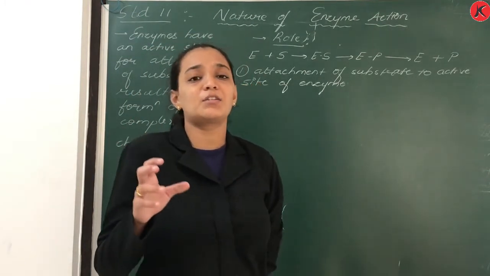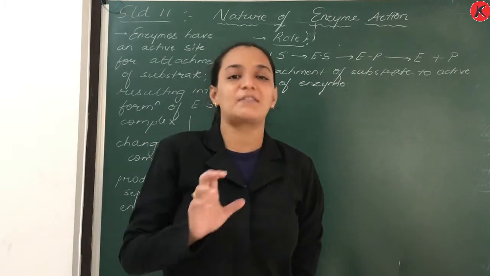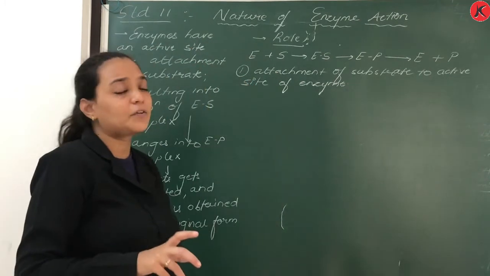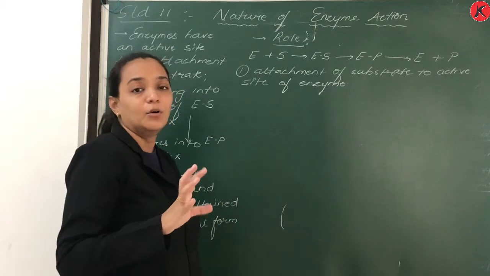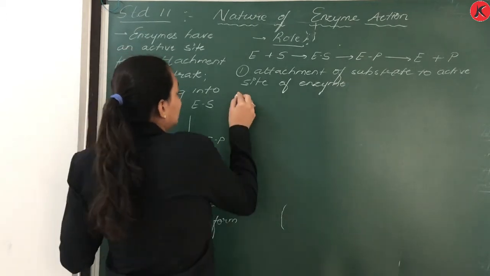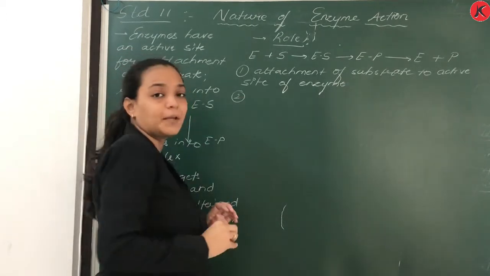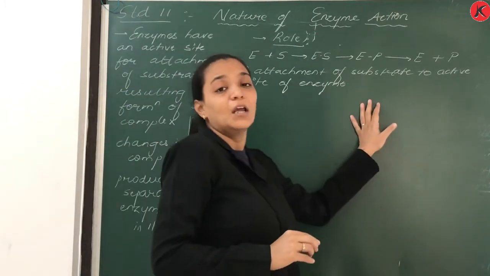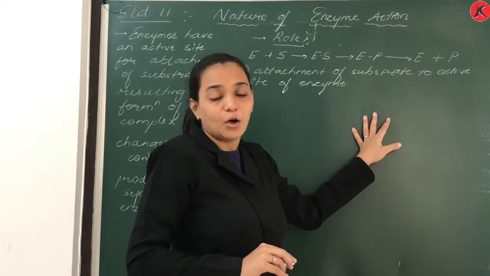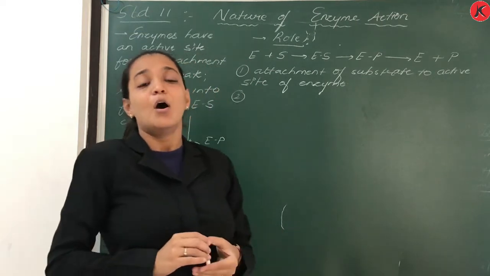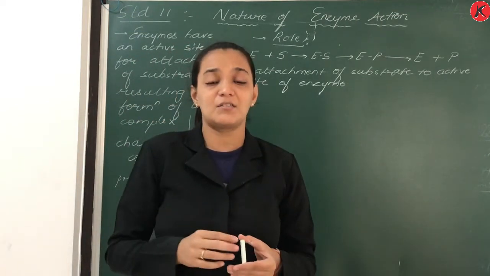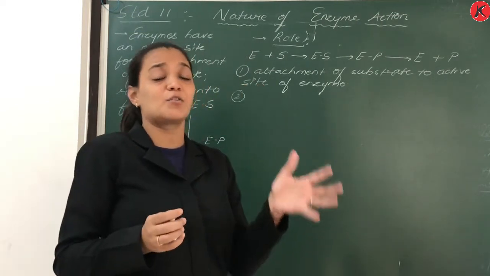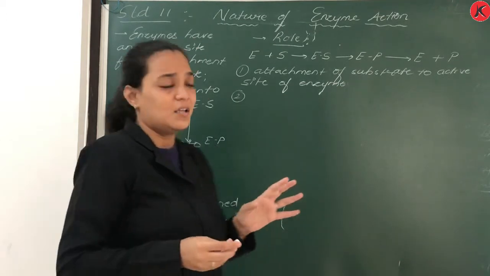The tertiary structure of protein will form this active site, and at this active site the substrate is going to attach. The second step is that the substrate is going to fit properly, or the enzyme is going to alter its shape in such a way that it fits more properly to the substrate.